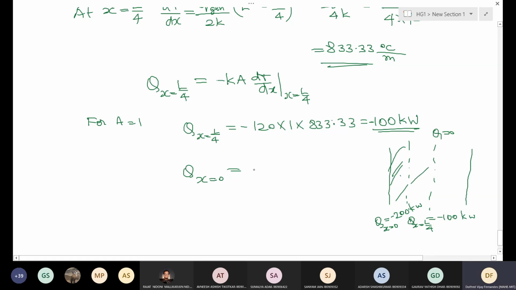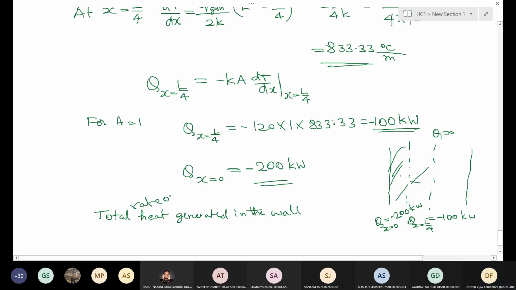So total heat generated in the wall will be 200 into 2, or 400 kilowatts.